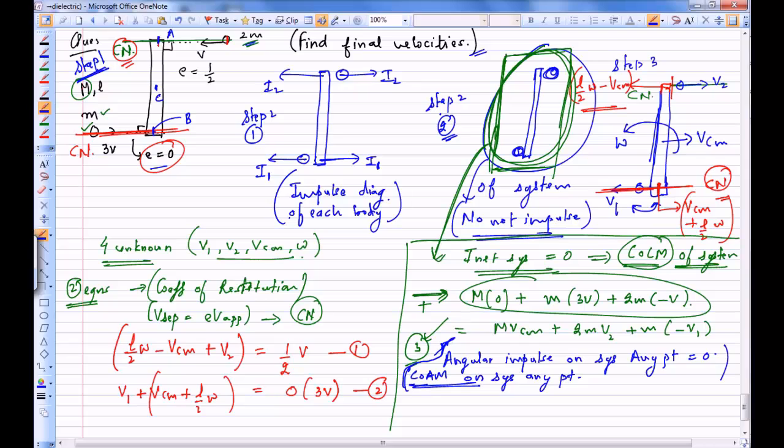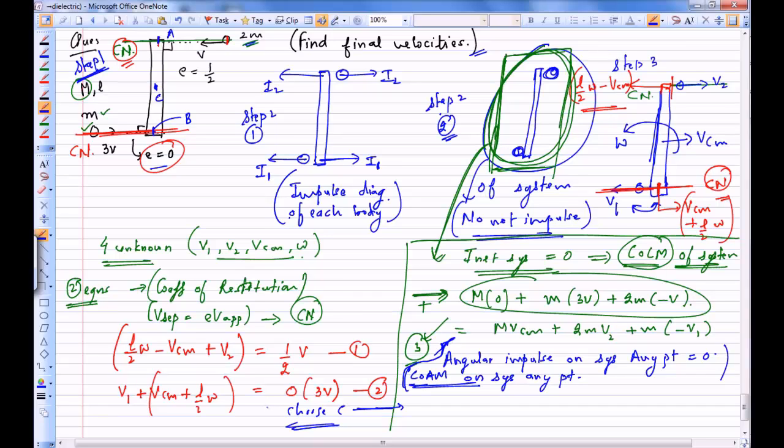Look at this figure of step 1. I am saying I can choose any point about which I can apply conservation of angular momentum on the system, and I can see three very nice points, A, B or C. So let's choose C. We have to write the equation for angular momentum for M, 2M and capital M just before collision, and write the equation for angular momentum for M, 2M and capital M just after collision, and make those two equal.